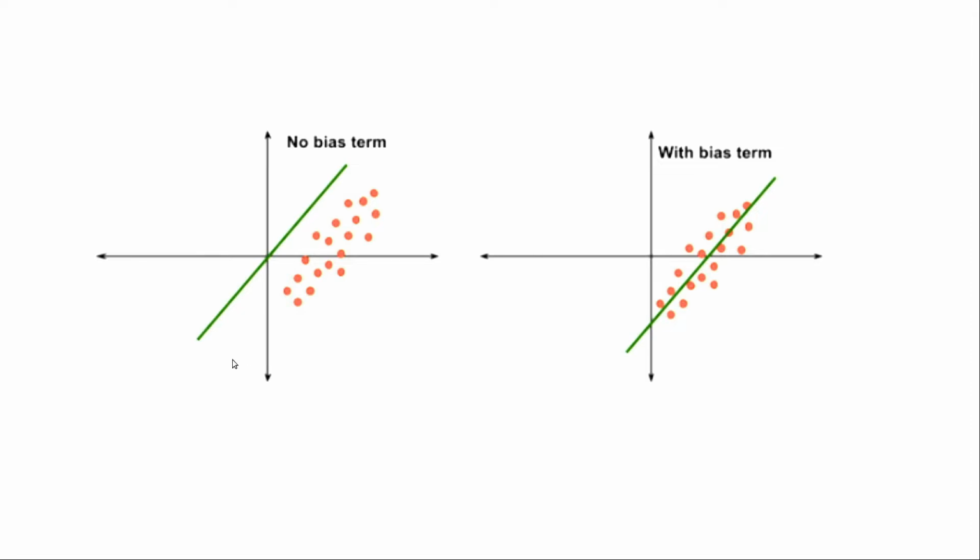Your training data may have a bias, which means that even if the feature values x and y are 0, y is not 0. So how do I capture that characteristic of the training data set? That's by using the bias term.